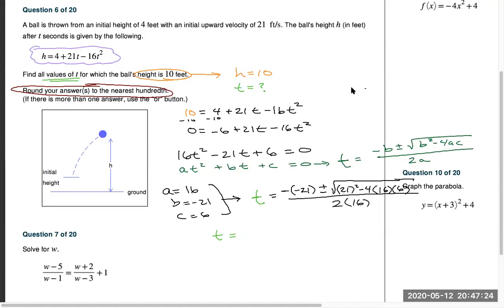Okay, so this part we can simplify. 21 plus minus, here we have 21 squared, that's 441, minus 4 times 16 times 6, 384, divided by 2 times 16, 32.